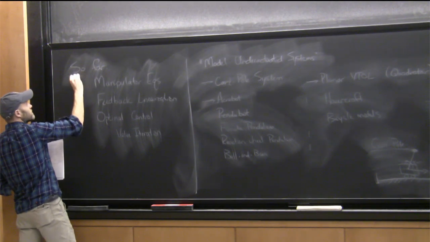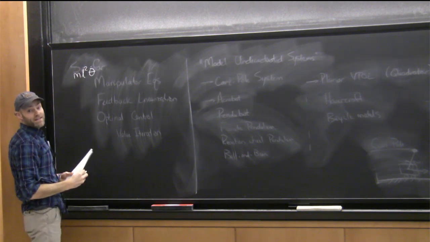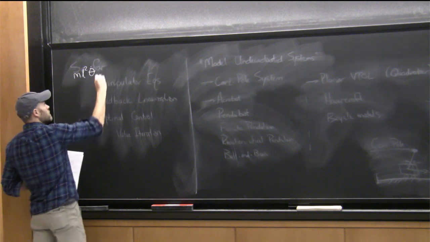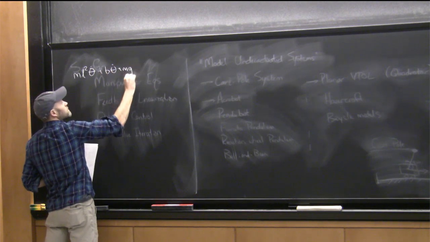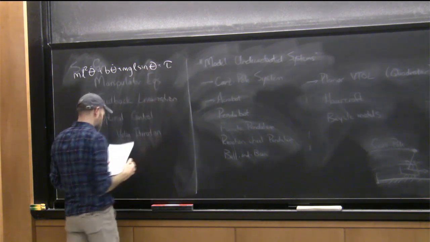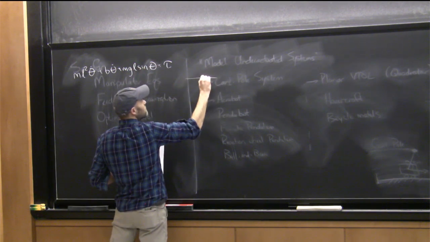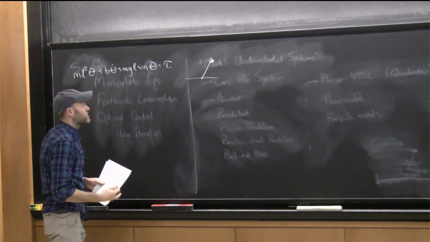So let's think about even the pendulum. Again, when I need to draw something, I'll mostly use the pendulum. Let's think about balancing the pendulum around the upright, making a local linear approximation, right?